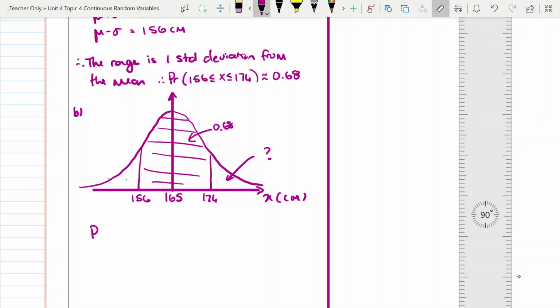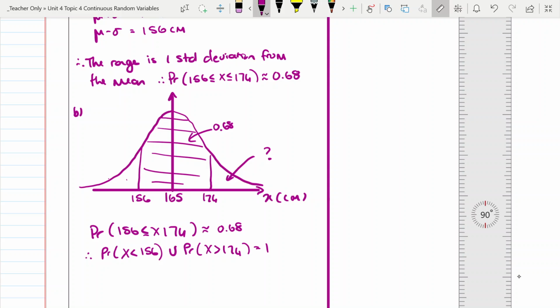So we can say, if we know that the probability of X falling between 156 and 174 is approximately 0.68, then we know that the probability of X being less than 156 in union with the probability of X being greater than 174 must be equal to 1 minus 0.68. So that's approximately, isn't it? And that's about 32% or 0.32.